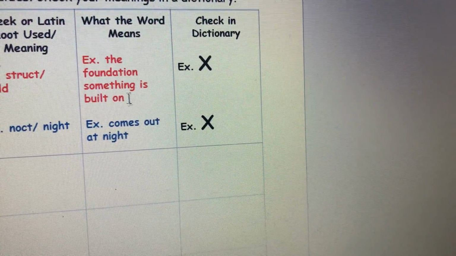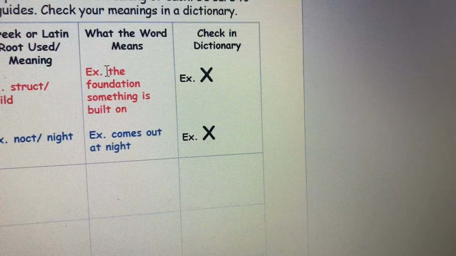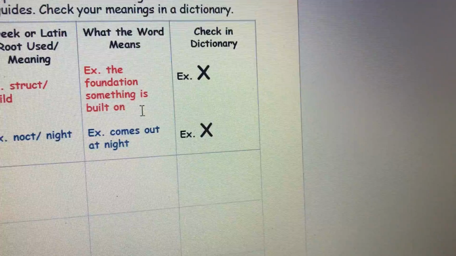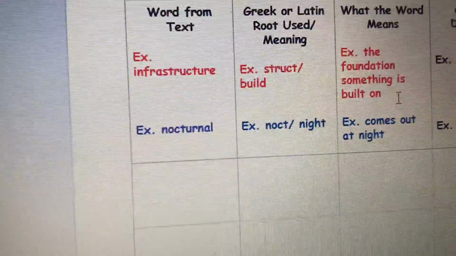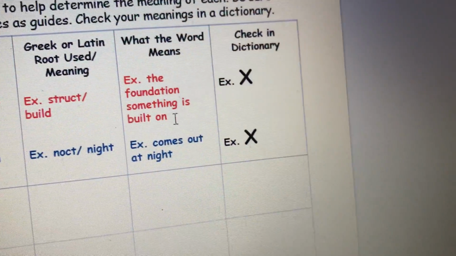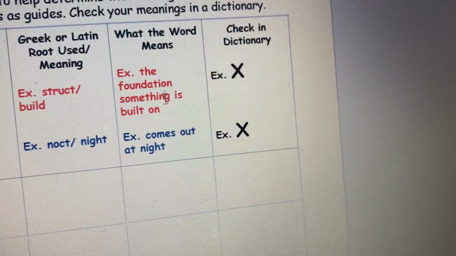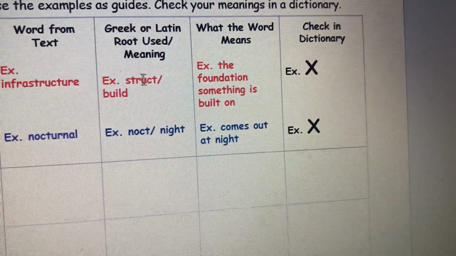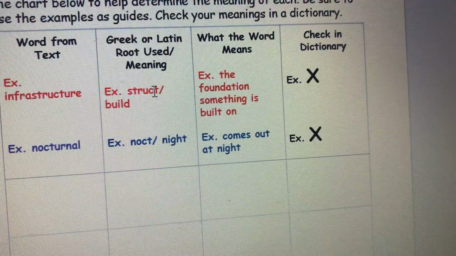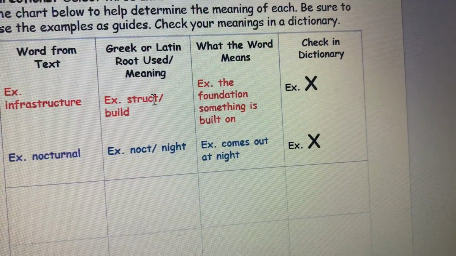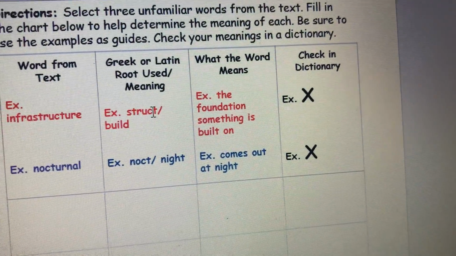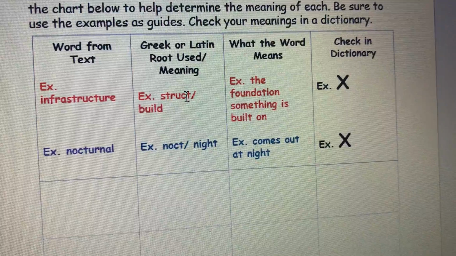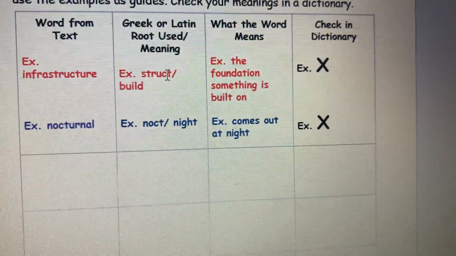Next, students will write down a student-friendly definition for that word. And this definition will be based on their knowledge of the root. And of course, they may use their context clues to figure out the meaning of the word as well.